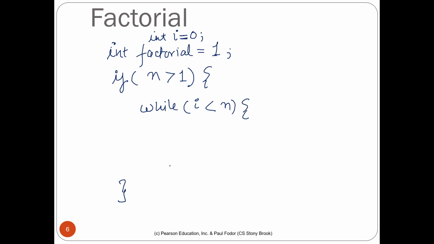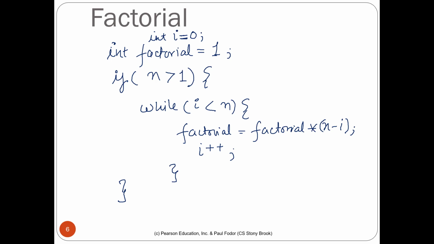What do we do here? factorial is equal to factorial into n minus i. Alright, and you should do i plus plus. Okay, so this way you will be able to compute the factorial for any value of n.